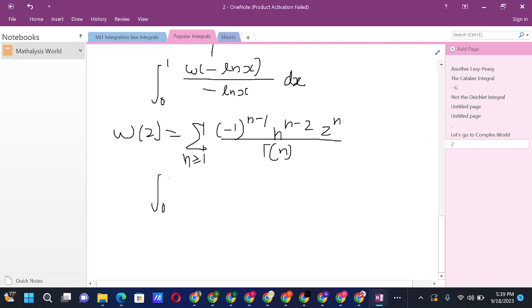So we have the integral from 0 to 1, and then the series expansion is the sum from n equals 1 to infinity of negative 1 to the power n minus 1, n to the power n minus 2, and our z is negative ln x, to the power n by gamma of n.